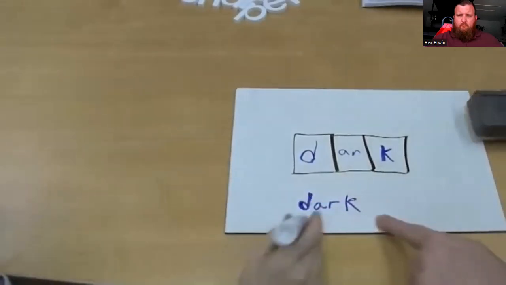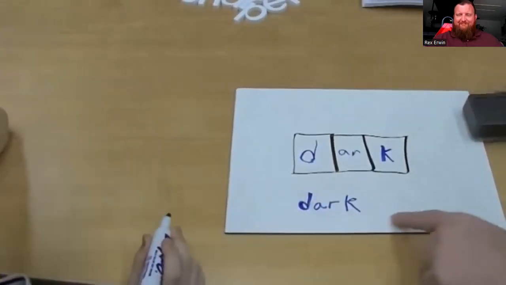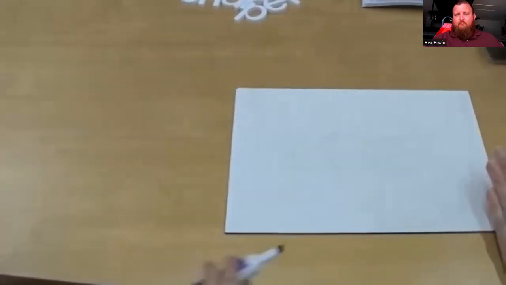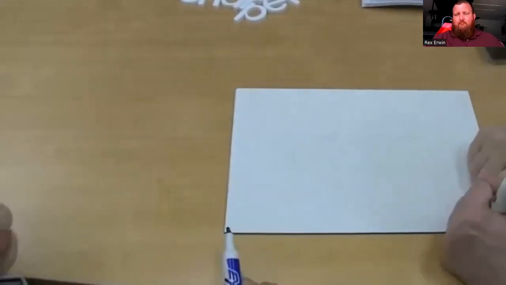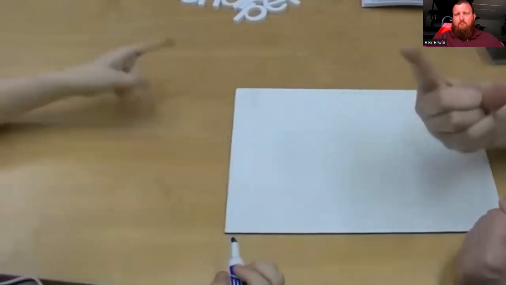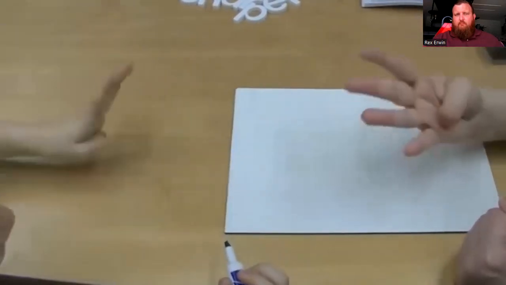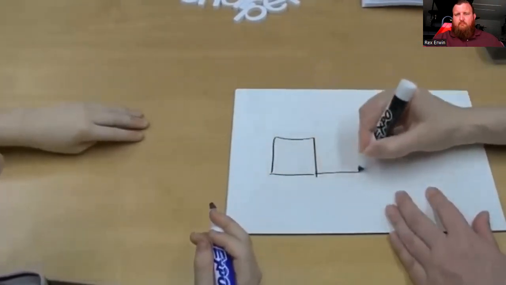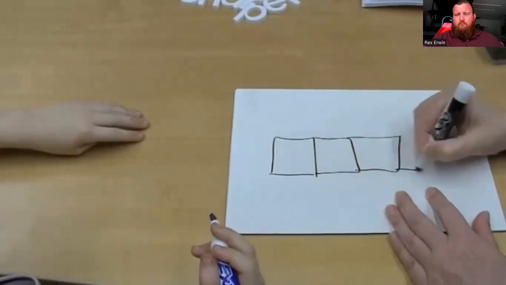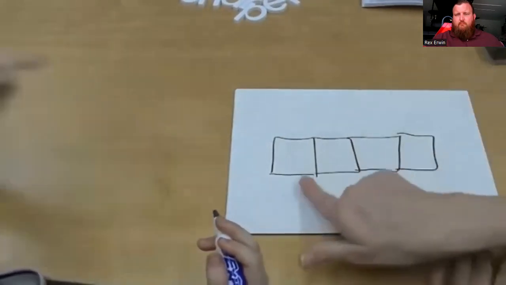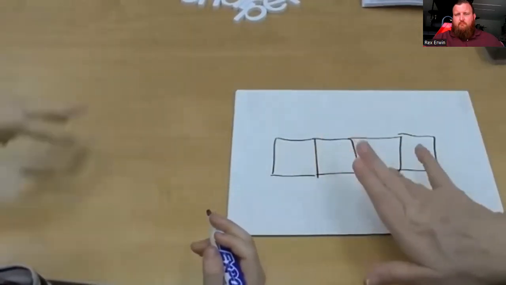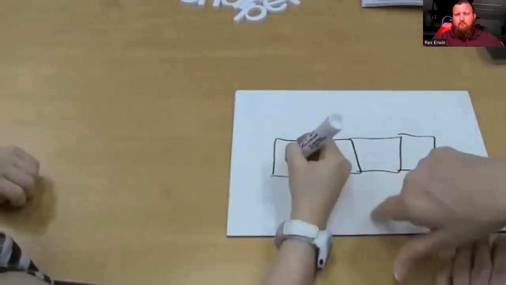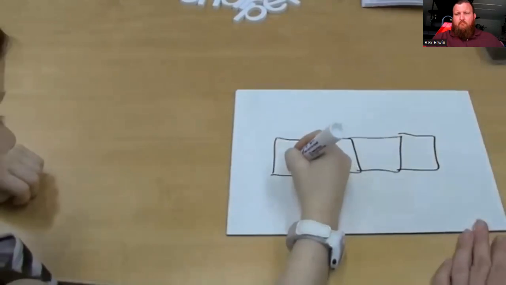Excellent. What's that word? Dark. Good job. Okay. So now I want you to sound out the word farmer with me. Count it. How many sounds? 4. 1 box, 2 boxes, 3 boxes, 4 boxes. Let's say the sounds. What did you hear in here? Good. Say the sound. And you know what letter makes that?